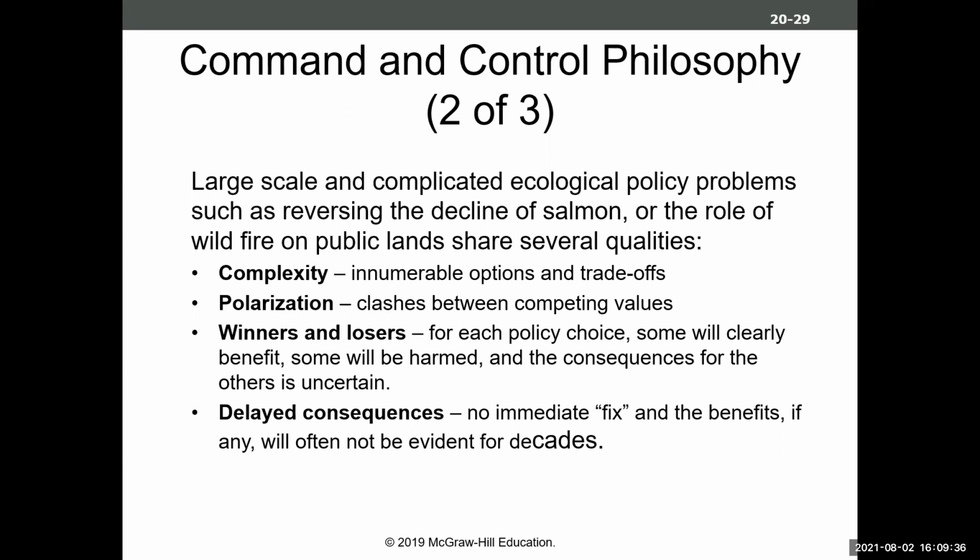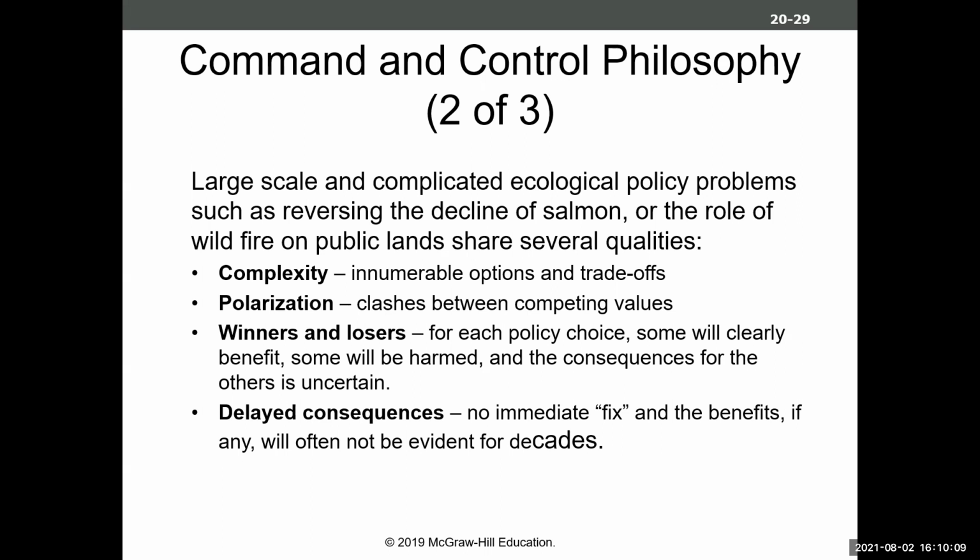So if we look at certain issues, let's think about the decline of salmon or wildfire on public land. There are a lot of qualities to these two issues. There's complexity, so there's a lot of interconnectedness with these two issues. There's trade-offs, etc., right? There's also polarization with this, meaning that there are competing values.